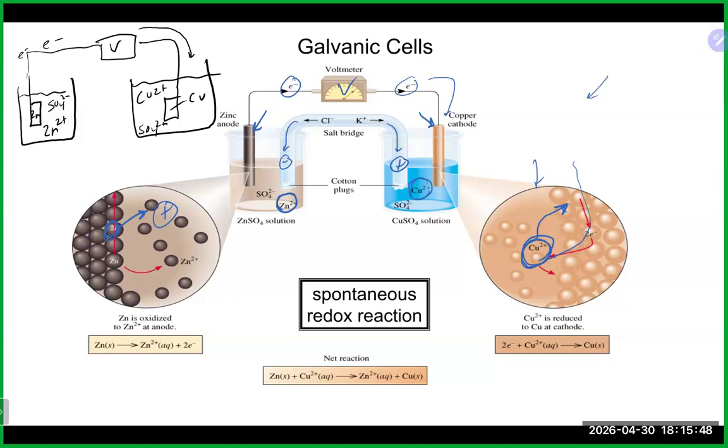So the zinc ions are going to start dropping in there, and we're going to build up a lot of positive charge on the left-hand side. On the right-hand side, all those positive copper ions are going to come out of solution as they gain those electrons. That's going to leave pretty much in the solution the negative spectator ion, which means you're going to start to build up a bunch of negative charge over there.